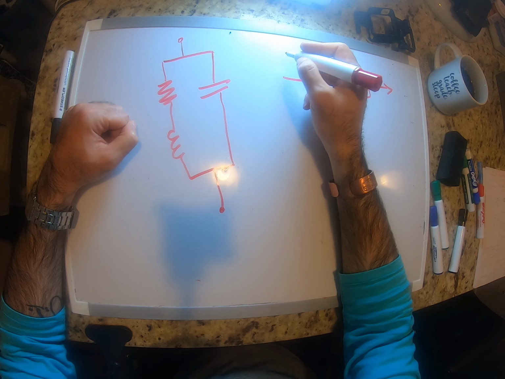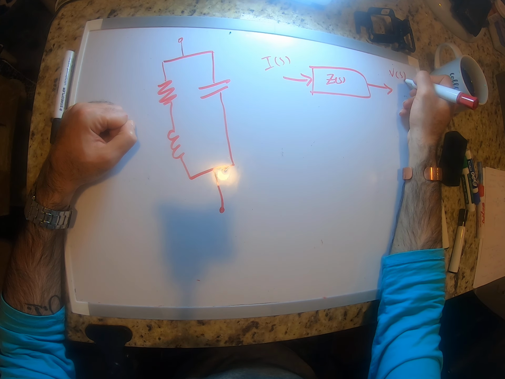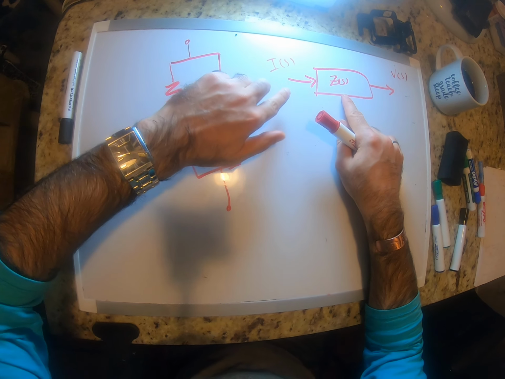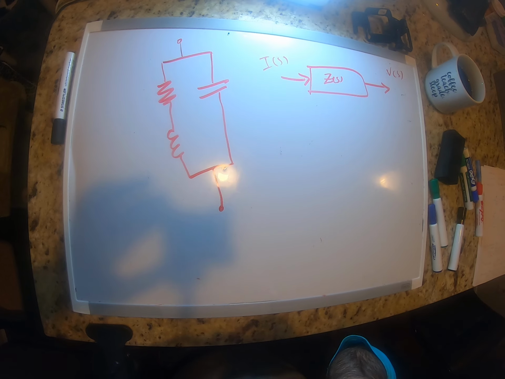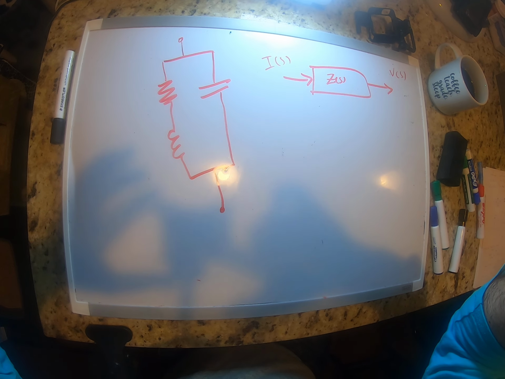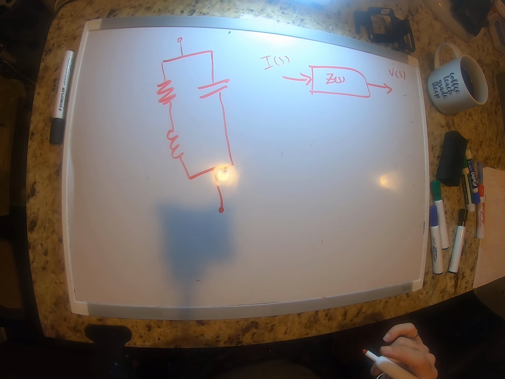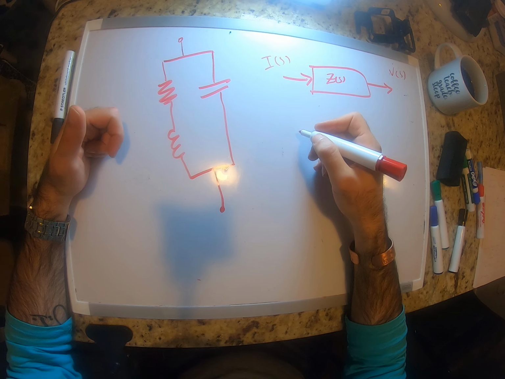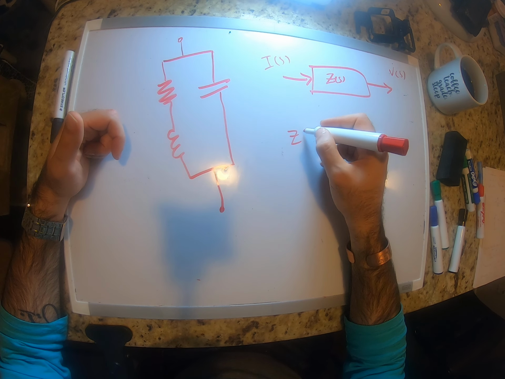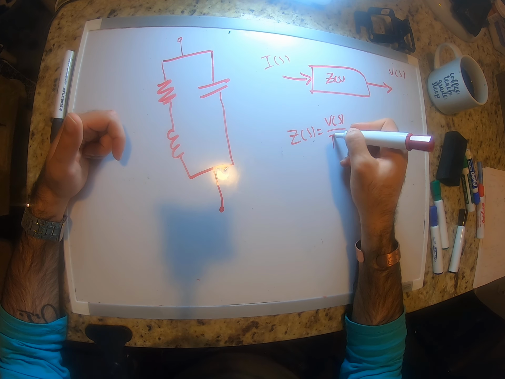It means what is something that if I multiply by my frequency domain current, it would give me the frequency domain voltage. Okay, so that's going to be very easy to figure out. Z of S is basically V of S over I of S.